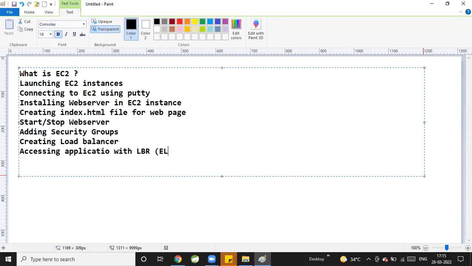Load balancer is called ELB, which is nothing but Elastic Load Balancer.